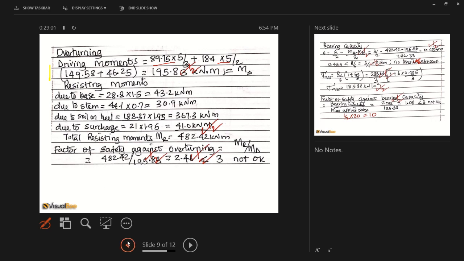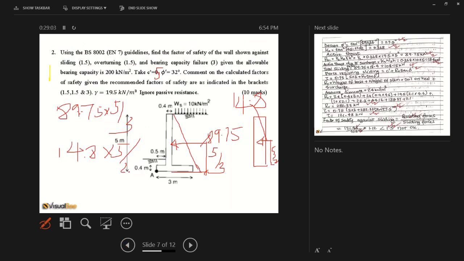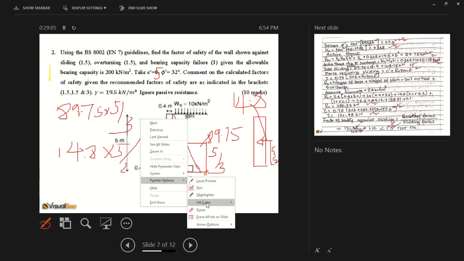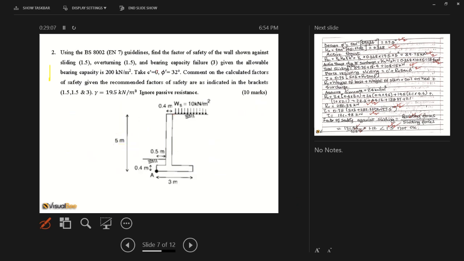And then this other one, I think I already explained, but it doesn't hurt to explain once more. For this distance, 0.7, the area, if you calculate the force there, would be 28.8, then times 0.7. That's the first part.